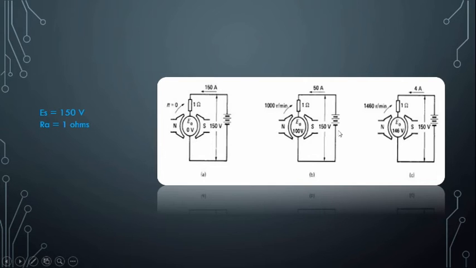When the armature starts rotating at its rated speed, here 1460 rpm, E0 gets developed to its maximum value, that is 146 volts in this example. Now 150 minus 146 gives us 4, and 4 divided by 1 gives us 4 ampere. This is the normal current of the motor.